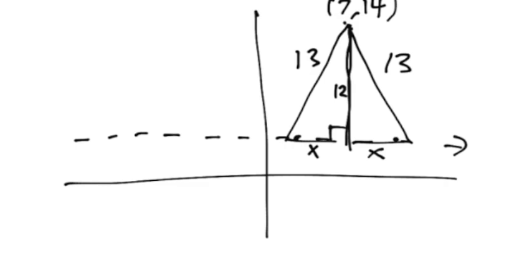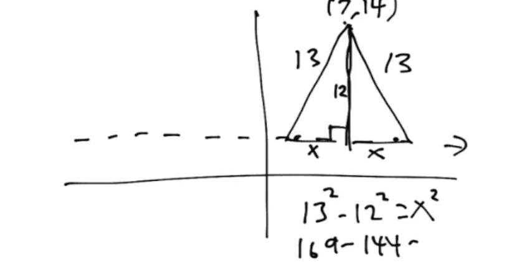And if you see the numbers 13 and 12 in a right triangle, then this should ring a bell because it's a perfect triple. But if you haven't memorized them yet, then you can just do it out. This would be 13 squared minus 12 squared equals x squared, which is 169 minus 144 equals x squared. So x squared equals 25, which means x equals 5.